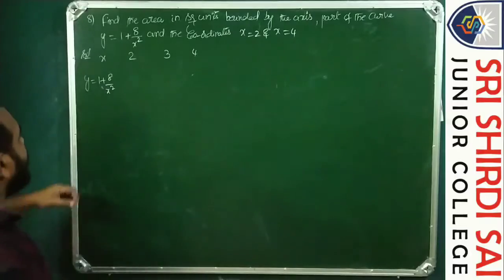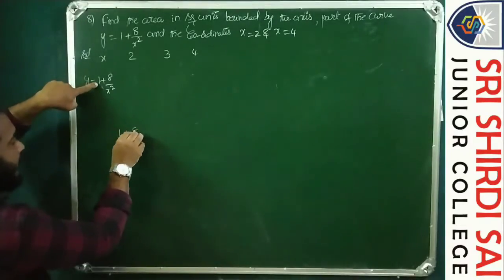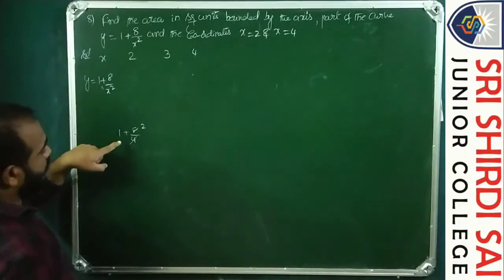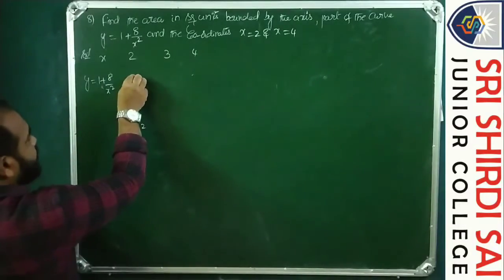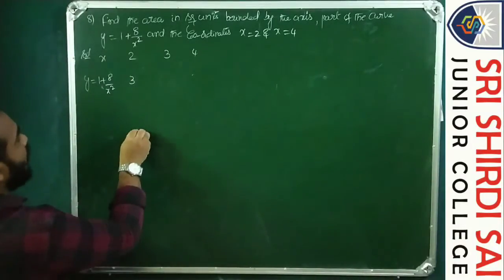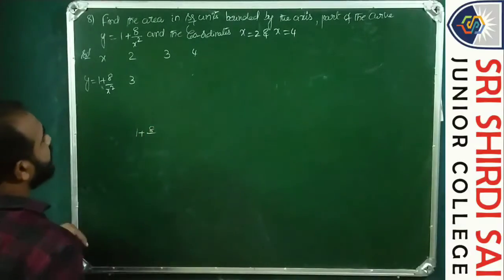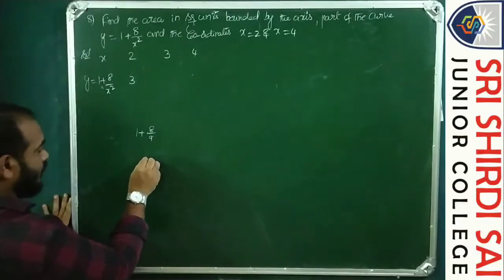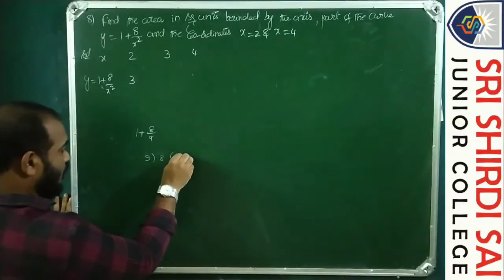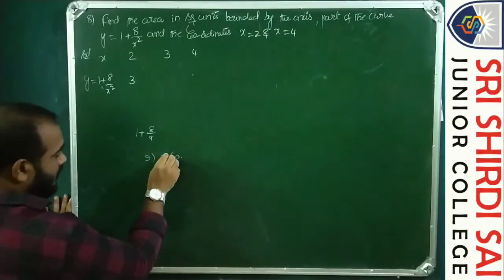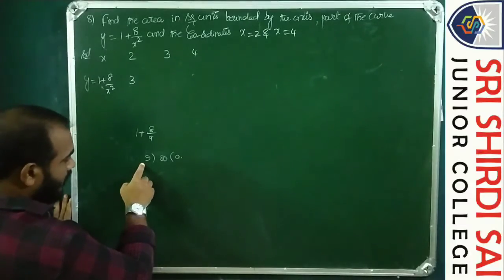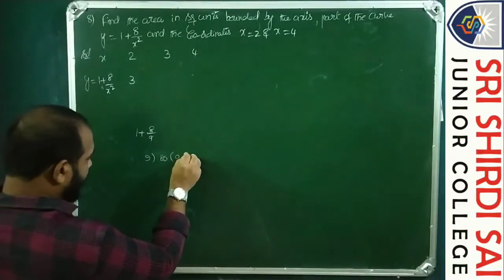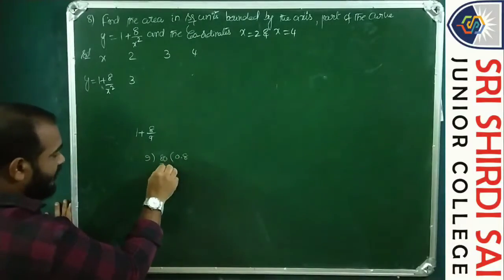Now 1 plus 8 by 2 square is 4. 4 2s are 8, 1 plus 2 is 3. Next, 1 plus 8 by 3 square is 9. 8 by 9 is 0.8 approximately, 8 9s are 72.